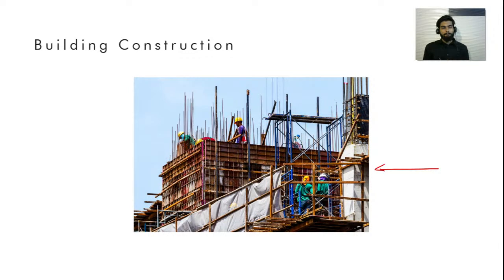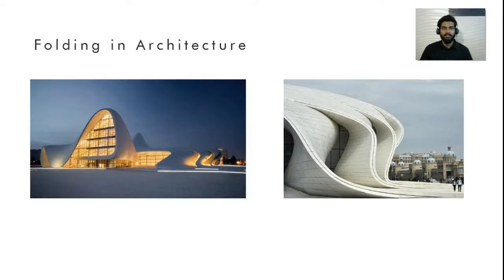So now let's talk about parametric architecture in detail. Parametric architecture popped up somewhere in the early 90s. There were two, three stages of parametric architecture, and the very first stage was folding in architecture. Folding in architecture became popular with the introduction of tools like Maya.